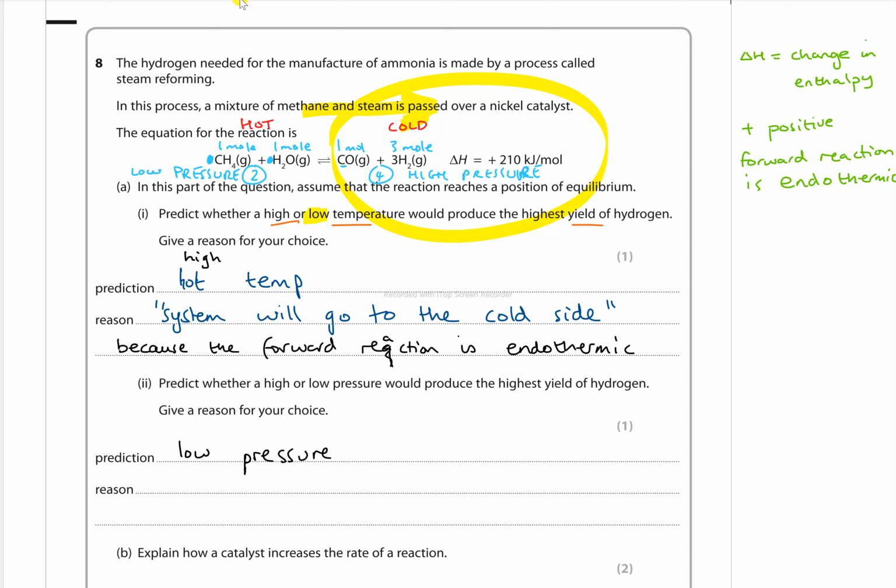Because the right hand side, or the product side, has less or fewer moles and has a lower pressure, and that's it.